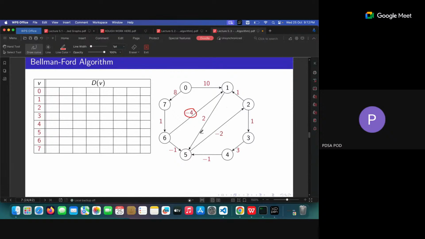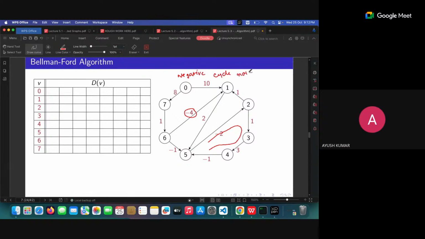Going from -2 and 1, it is 1, -1, and then +2, here a cycle is there but no negative cycle. Negative edges are allowed, but Bellman-Ford doesn't work for negative cycles. Negative cycles are not allowed.